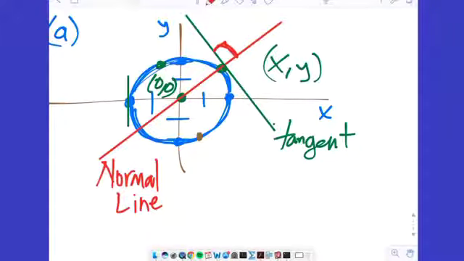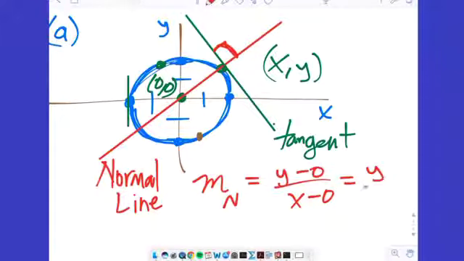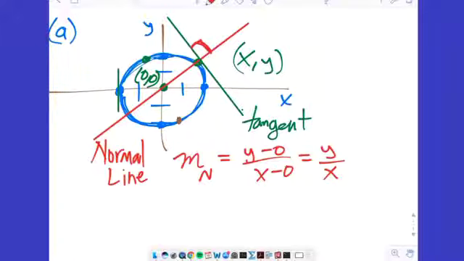So I can find the slope of the normal line because I have 2 points, don't I? 0, 0, and x comma y. So that's going to be y minus 0 over x minus 0, which is y over x. That's the slope of the normal line. Well, I know the green line is the tangent line, so I'll call that m sub t, also known as dy/dx.